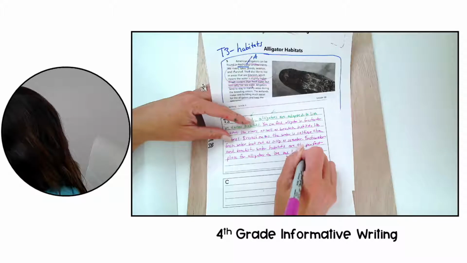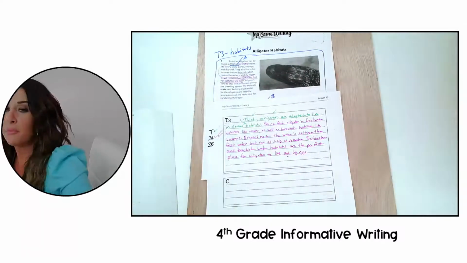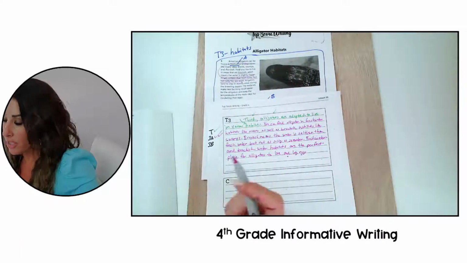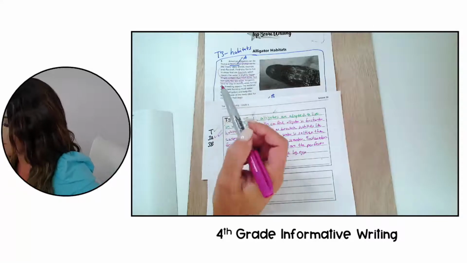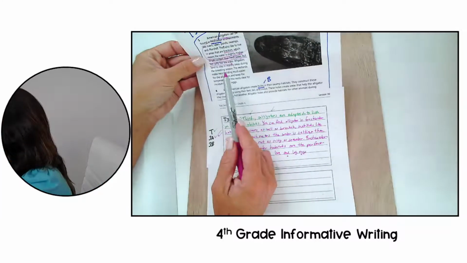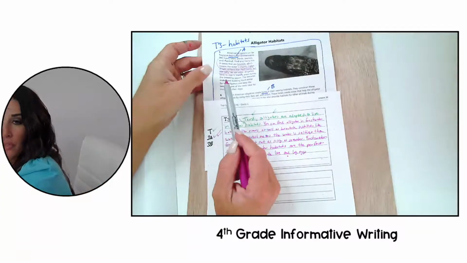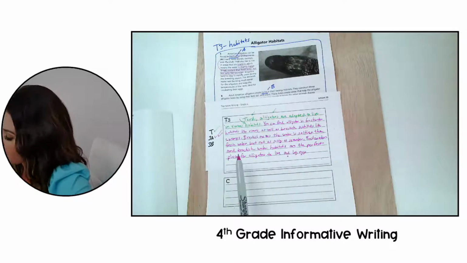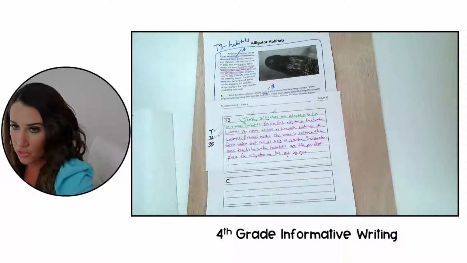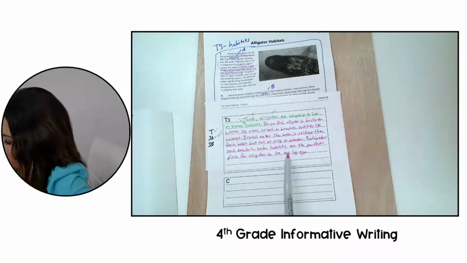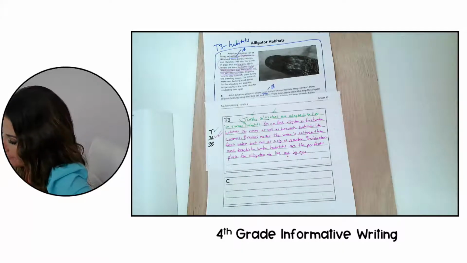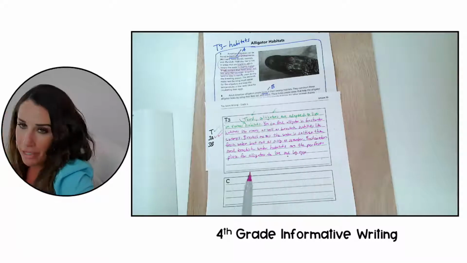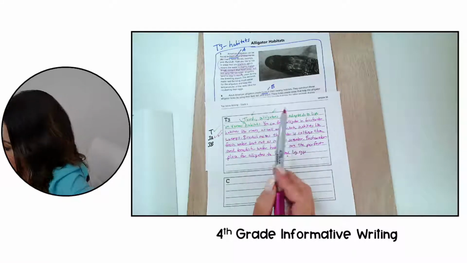Because remember, it was talking about the ponds, the lakes, the streams, the rivers, all these wetlands are what they need for breeding season, and it helps them build their nests and take care of their eggs. So I just made my own sentence and said freshwater and brackish water habitats, which is everything they just named, are a perfect place for alligators to live and lay eggs. So I want to make sure I have at least 3 sentences.